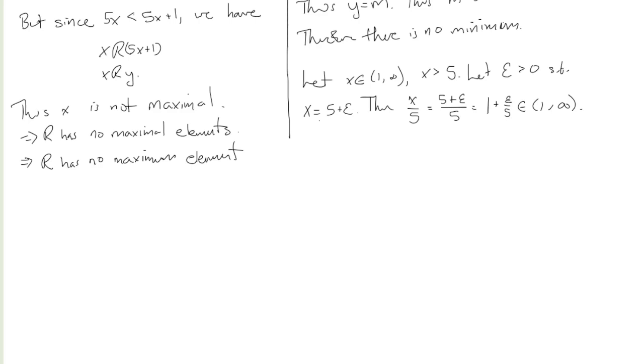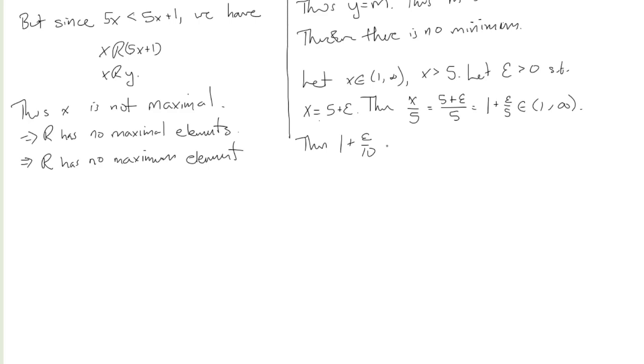Epsilon might be a very small number, but whatever it is, I can divide it by something larger, say 10, and this number will be smaller but still bigger than 1. So I will take 1 plus epsilon over 10. I could do epsilon over 6, epsilon over 100, or epsilon over 1,000. Doesn't matter. I just need the little bit to be even smaller than it is.